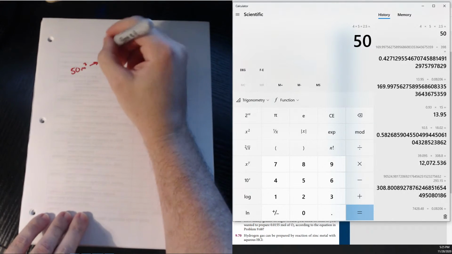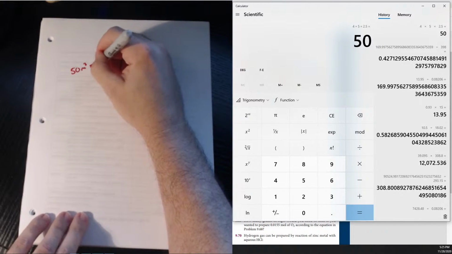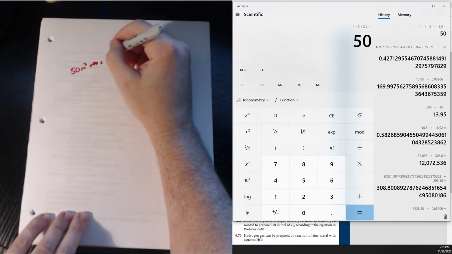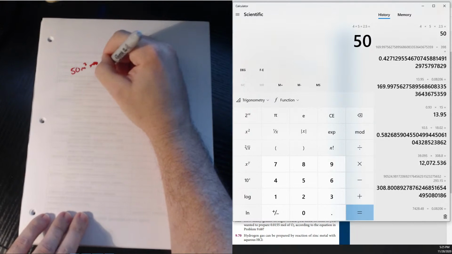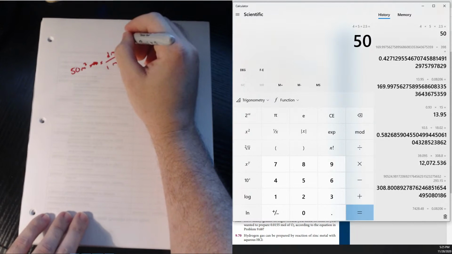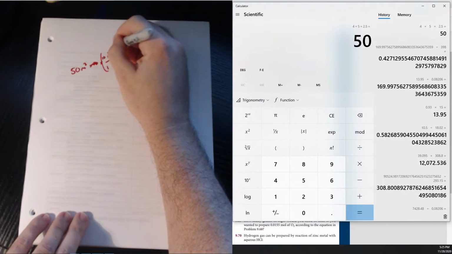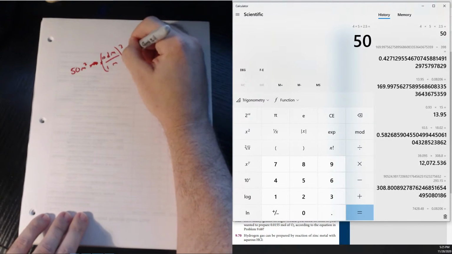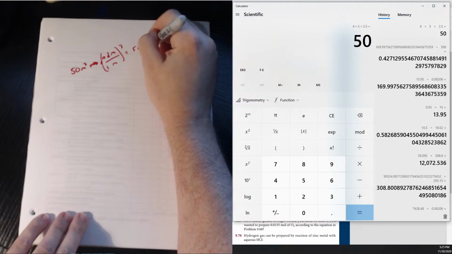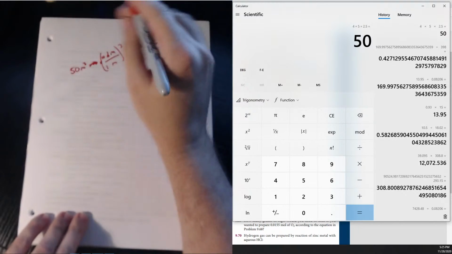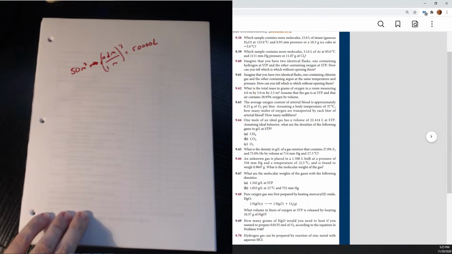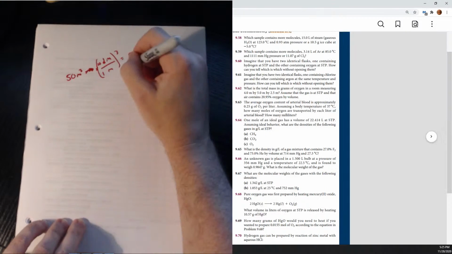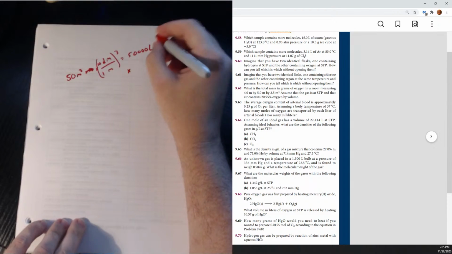Let's go ahead and multiply by 10 decimeters per meter, cubed, and that means it's 50,000 liters for the whole room, but only 20.95% of that volume is oxygen.